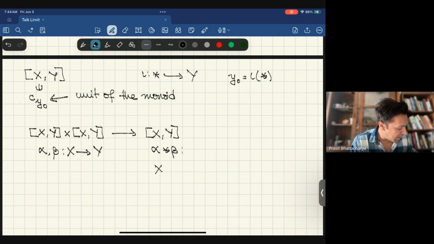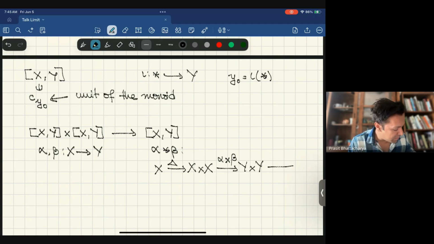You take X, use the diagonal map to go into X cross X, then do alpha cross beta to land in Y cross Y, and then you need the multiplication to get back here. This is how you define it, and you can show that this is an associative monoid using the conditions. But your question is slightly different.